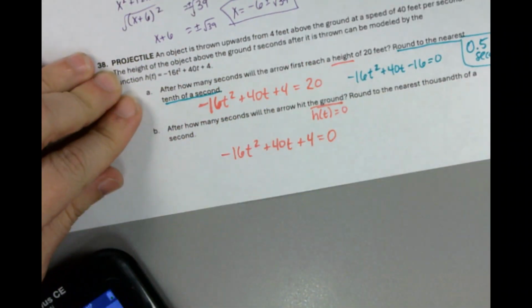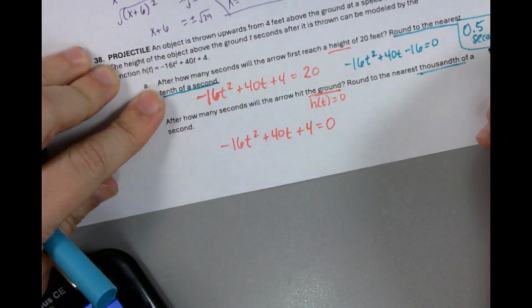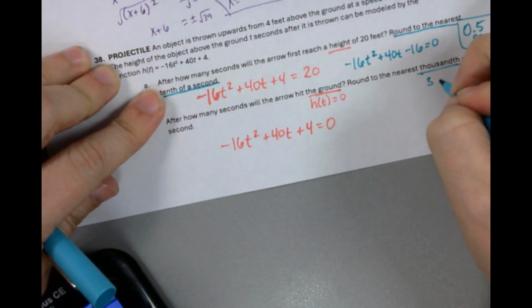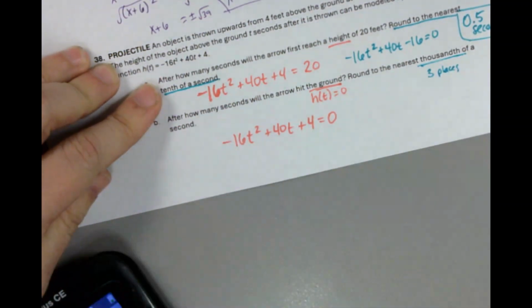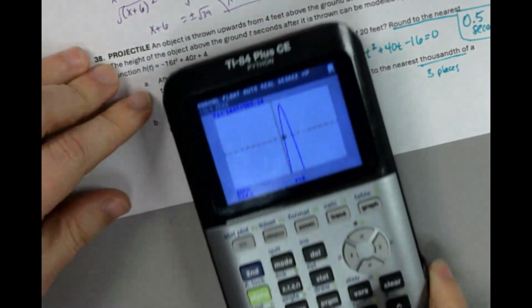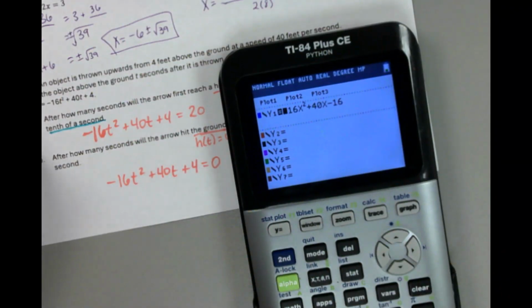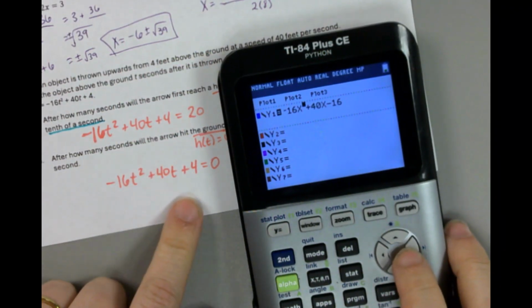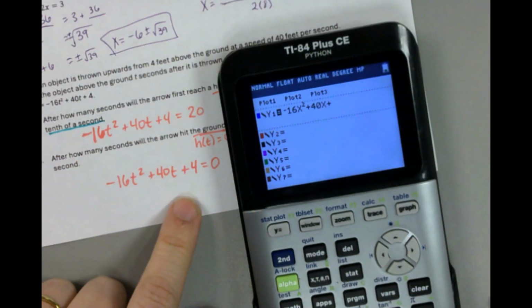I'm going to do the same thing because it says round to the nearest thousandth. By the way, nearest thousandth is 3 decimal places, hundredth is 2, tenth is 1. So y equals negative 16x squared plus 40x. Instead of minus 16, I have plus 4.